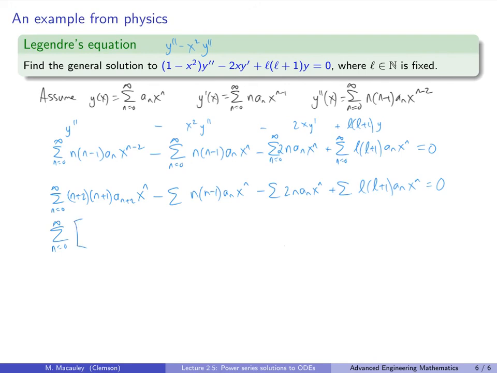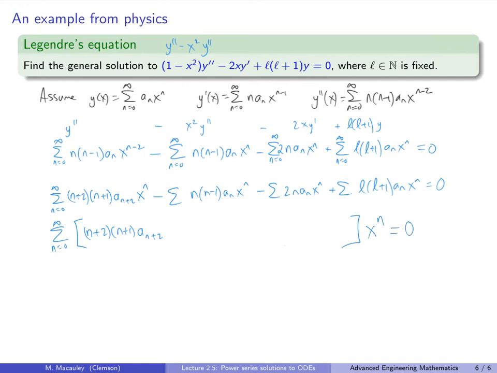We have n plus 2 times n plus 1 times a_(n+2). And a_n is everywhere else, so I'm going to put an x to the n here, and set this equal to 0.